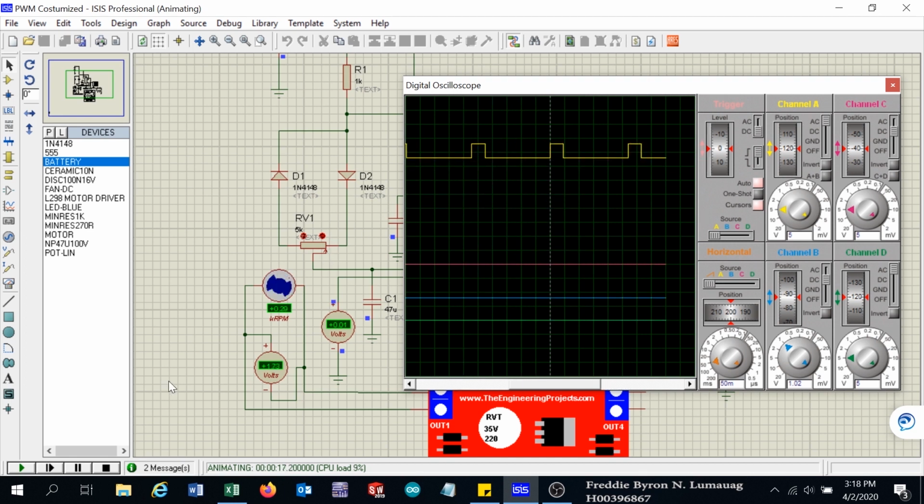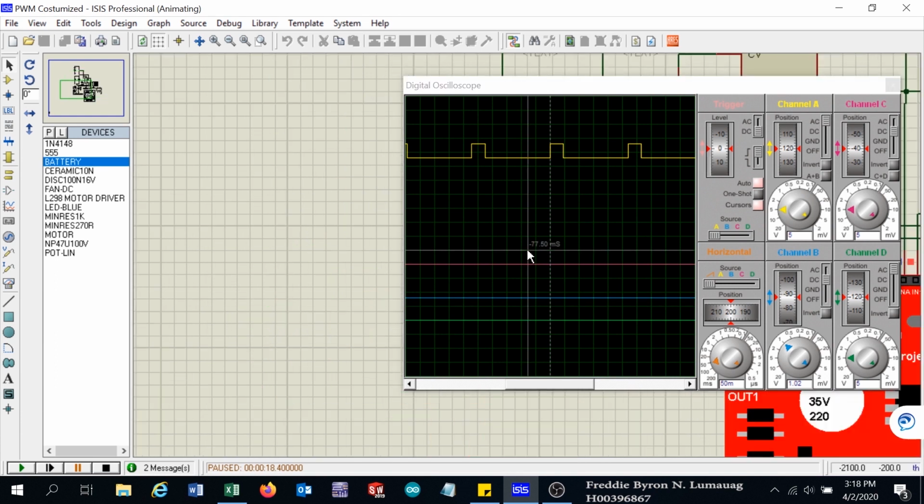So how much is our time at this duration? This is 42.50, or let us say 45 milliseconds, and the motor speed is 260 rpm.